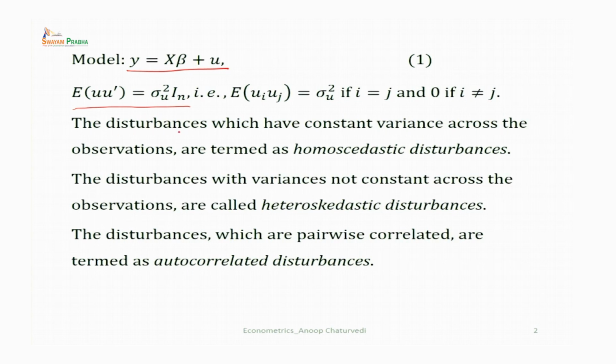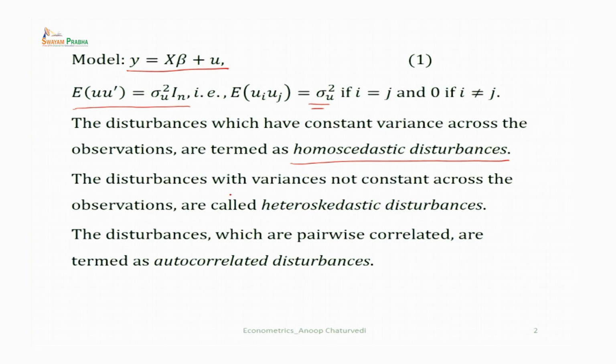Then the disturbances which have constant variance across the observations are termed as homoscedastic disturbances. If this variance is constant across the observations for all i's, then we say that the disturbances are homoscedastic.